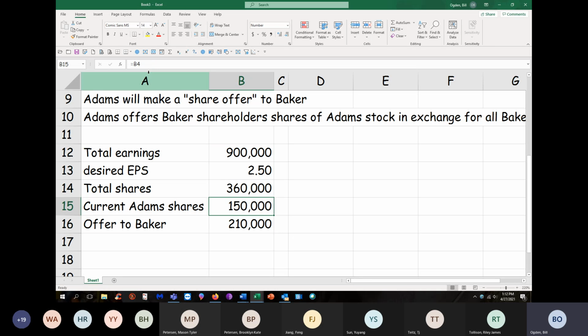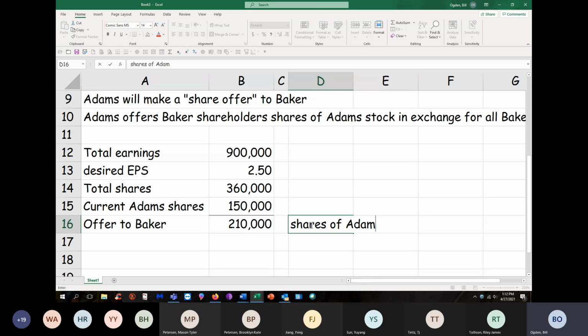We will be offering, let's assume that Adams offers 210,000 shares. Now keep in mind, shares of Adams stock. So let's see, what do the Baker shareholders do as part of this transaction?